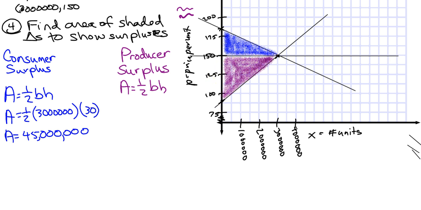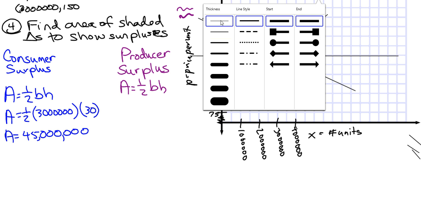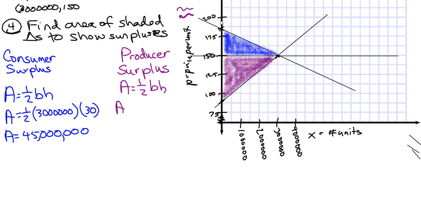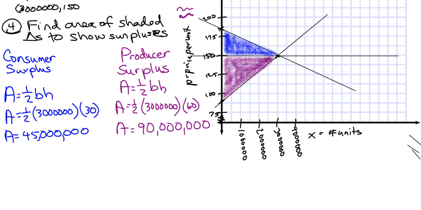I'll go back to this little purple that I had. Area is equal to 1/2 times our 3 million again, times 60 this time. And so the area for that one is 90 million. And so we can compare those areas for the producer and consumer surpluses.